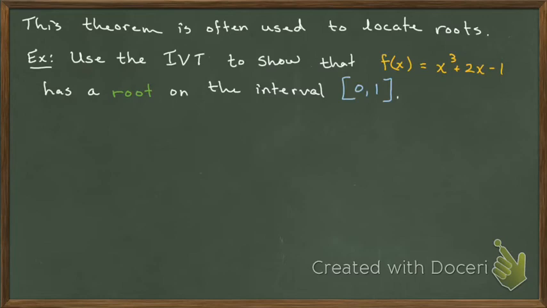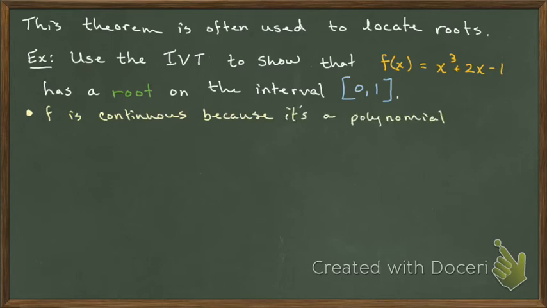So I have to make a couple observations. First, I know that my function has to be continuous, and it is because it's a polynomial. It's a cubic function, and we know polynomials are continuous. We're good to go there. The second bit is I need to know that f of a and f of b are different.